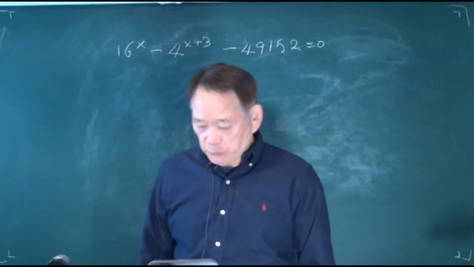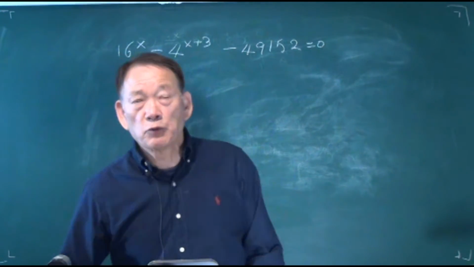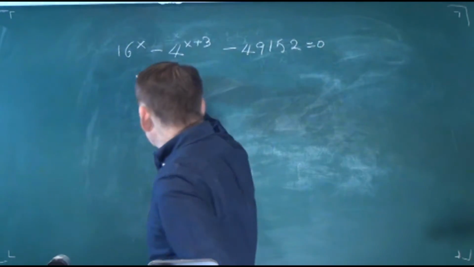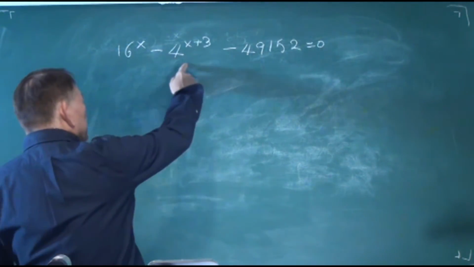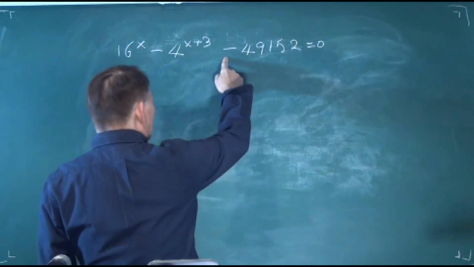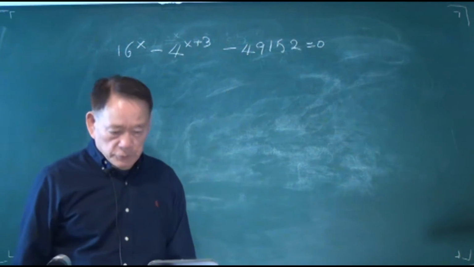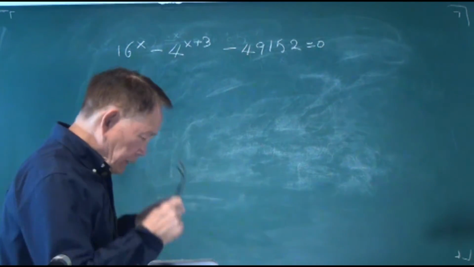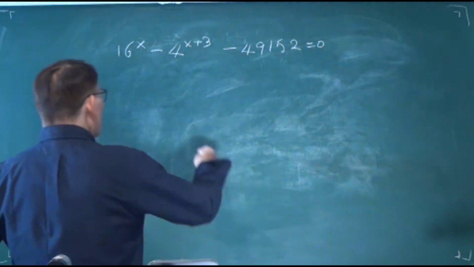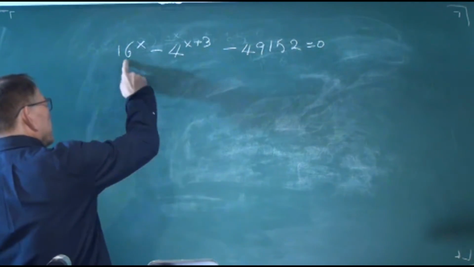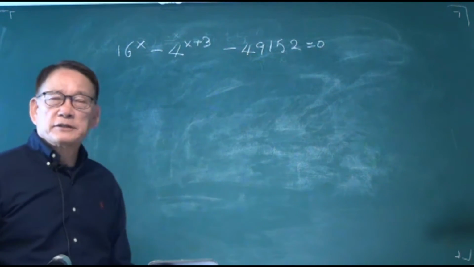Most cases of three-term problems will be solved by factoring. In this case, we have three terms: 16 to the x minus 4 to the x plus 3 minus 49,152 equals 0. So we try factoring, but if you look here, the terms are expressed differently.